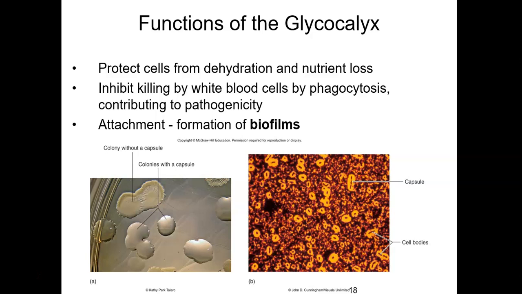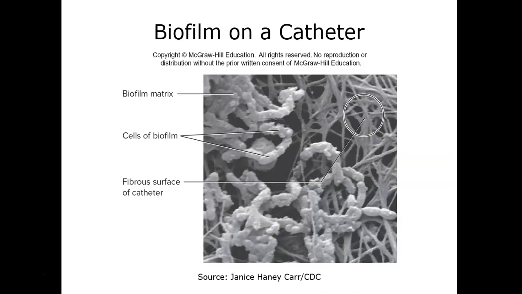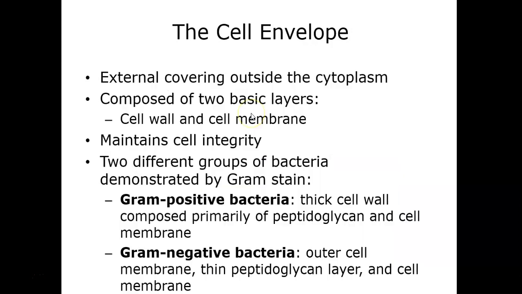All of these nicely defined layers of microbial cells that are growing and communicating with each other. The plaque that you feel on your teeth early in the morning when you first wake up, those are all examples of biofilms. Here is a picture of a biofilm that's found on a catheter. Again, you've got all of these different cells in this biofilm that are closely adhered together, that are communicating with each other.